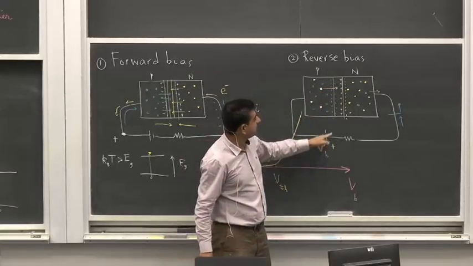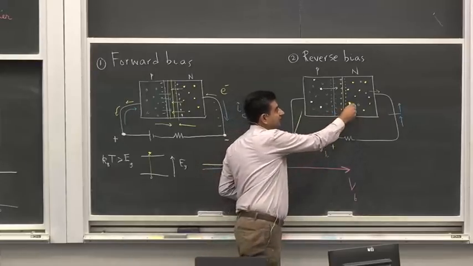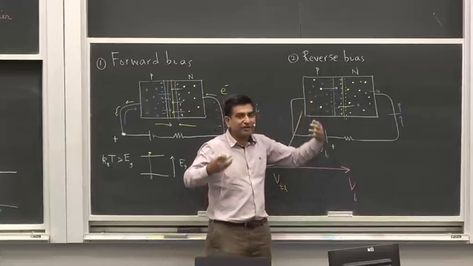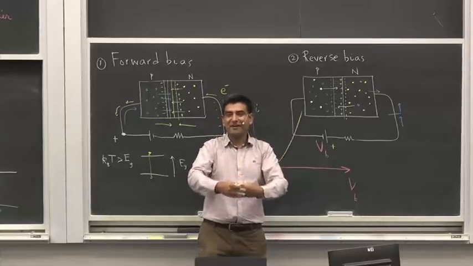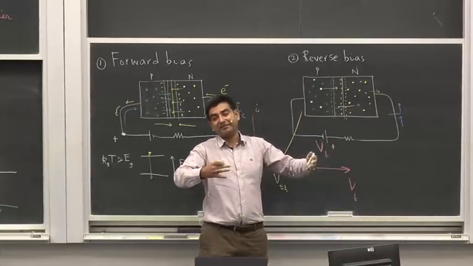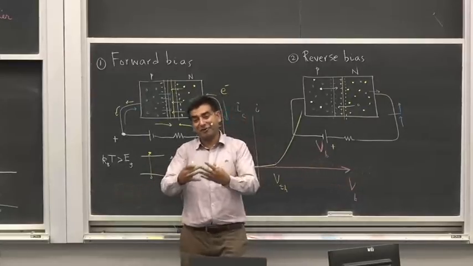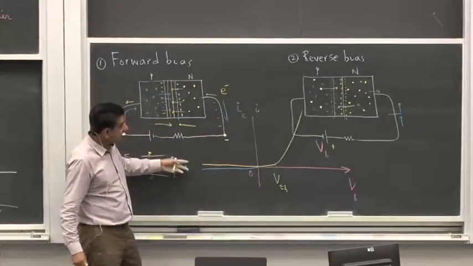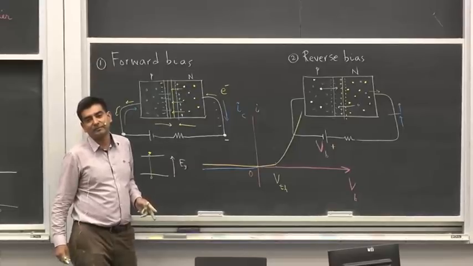The positive terminal of the battery repels these minority holes towards the junction. And inside the junction, these minority charge carriers can recombine. When they recombine inside the depletion region, they are just acting like charge carriers in a forward biased condition, so they will contribute to conduction. And that's why in the reverse bias condition, there is a small leakage current. Okay?